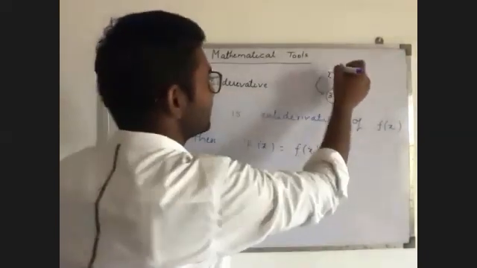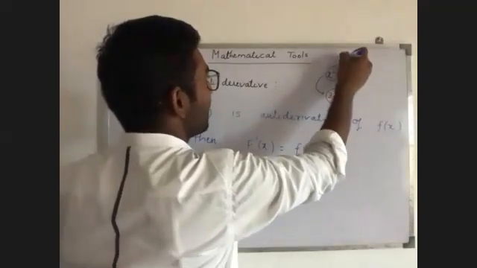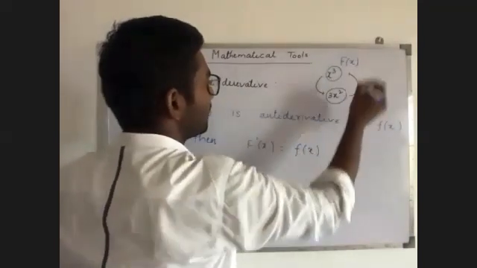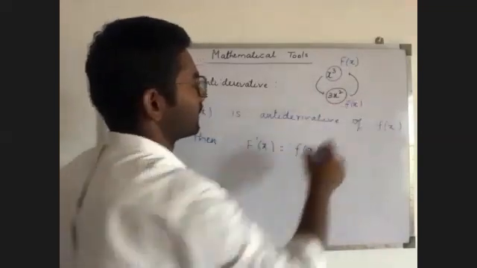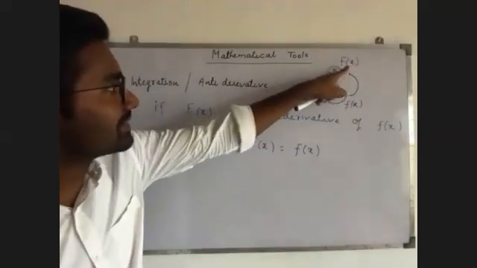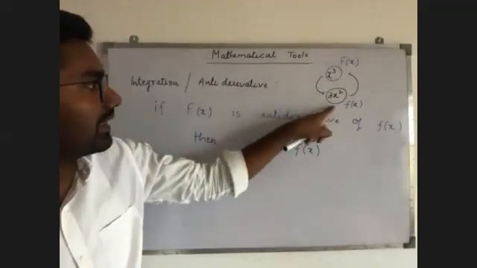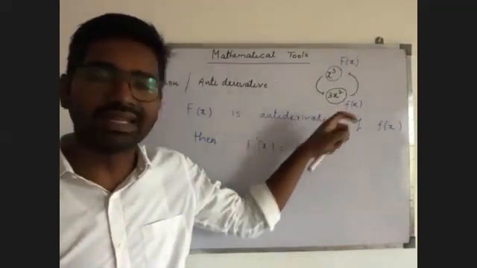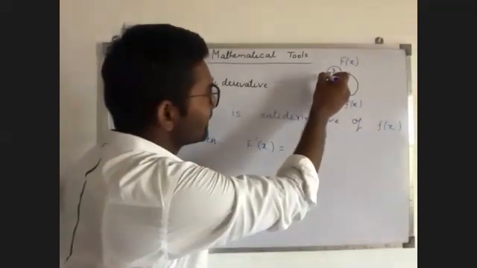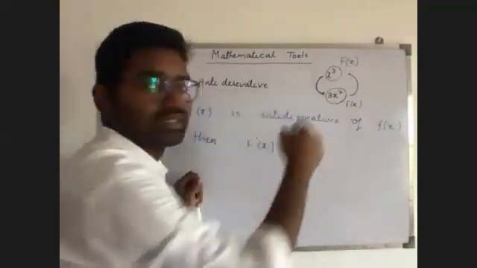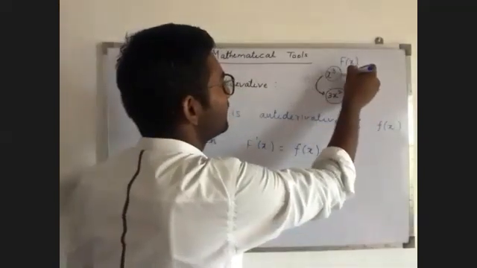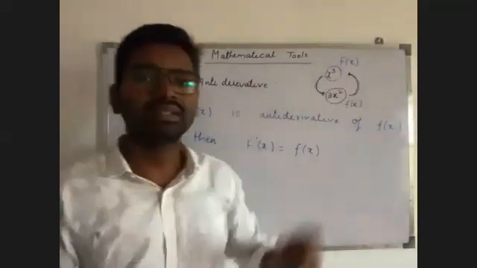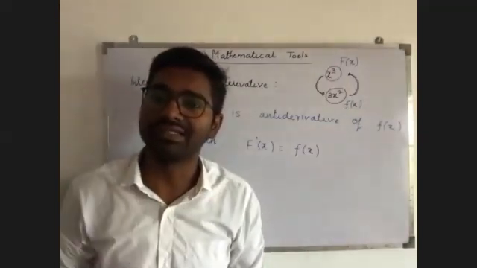Means this is nothing but capital Fx and this is nothing but small fx. And if you differentiate capital Fx, you will get the small fx. If you differentiate, you will get the function 3x square. Now, if you integrate 3x square in the opposite way, you will get the same function. Is it clear?